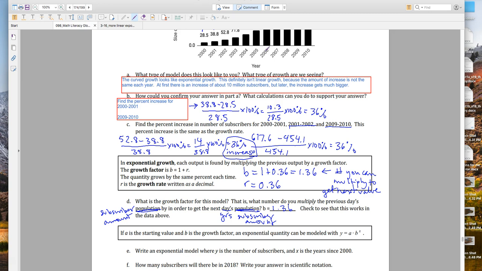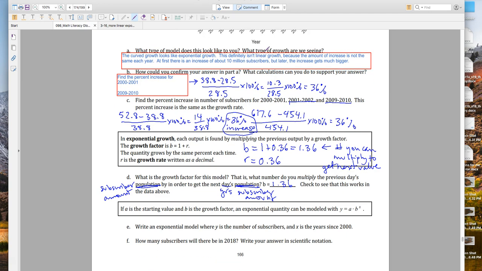The next item in a box says that if A is the starting value and B is the growth factor, you can write a model. So just like we can write a model for a line, we can write an exponential model for a situation as well. Write an exponential model where Y is the number of subscribers and X is the years since 2000.